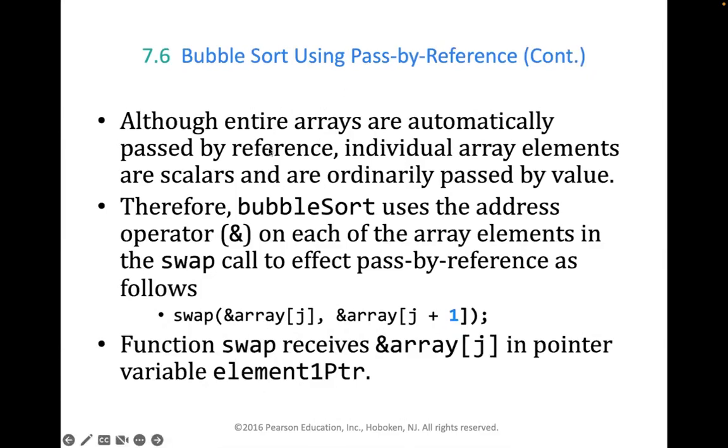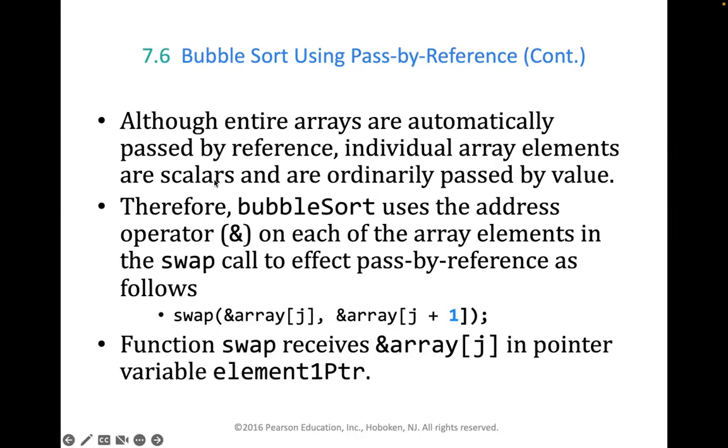Okay. So entire arrays are automatically passed by reference. This is actually the default in C. We know an array's name is just the memory address of the first element of the array, right?